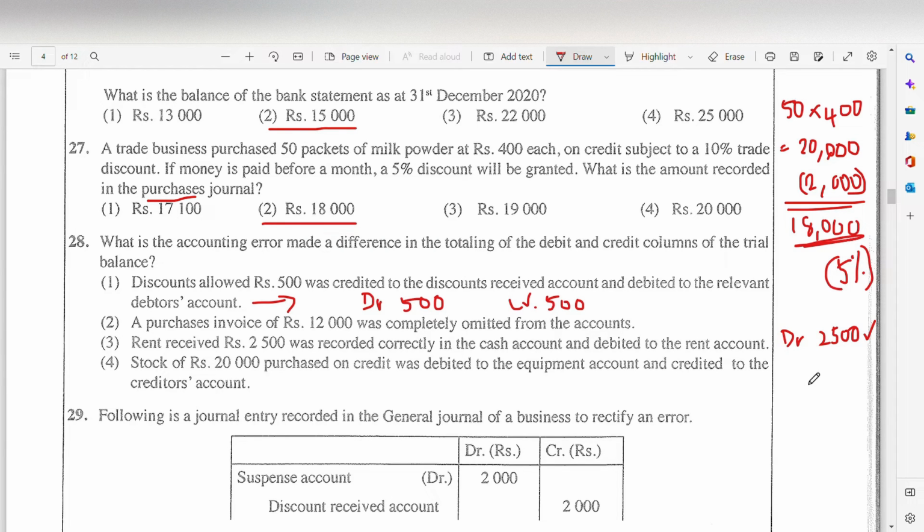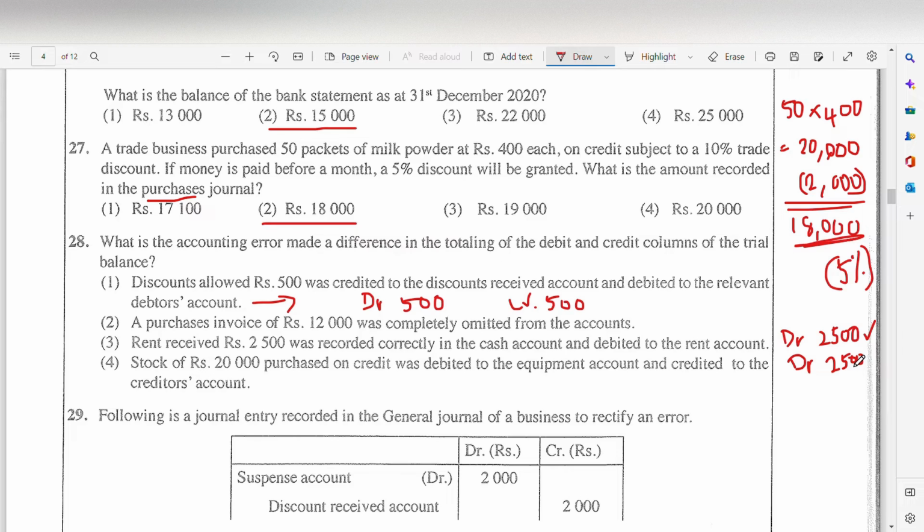Credit entry should go to your rent receivable account or your rent account. Why? That's an income to you. But here they have debited the rent account as well. Now you can see there is a disparity. There is a difference. Why? There is no credit entry. There is a debit entry of 2,500. So you can see 3 seems to be like the answer.